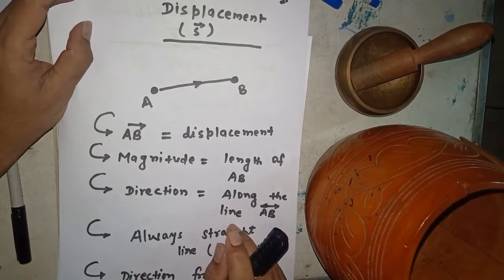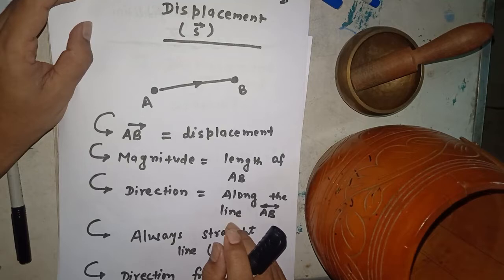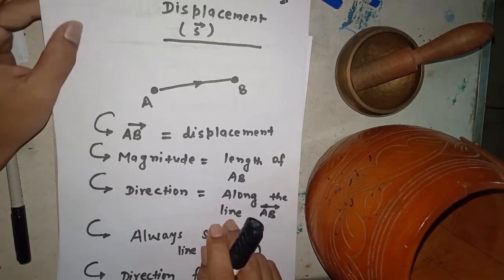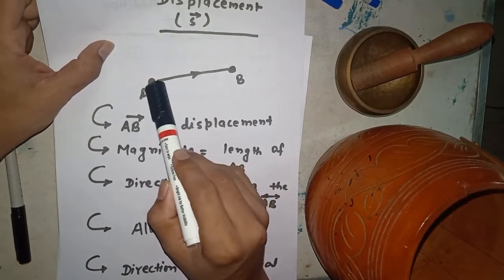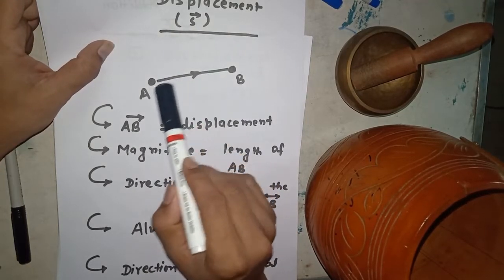First, it has some value or magnitude, and second, it has direction. So it is denoted by letters with an arrow. Here you can see a body moves along a straight line from A to B.